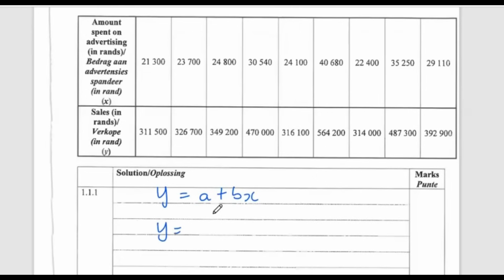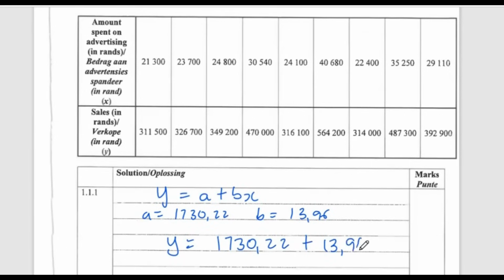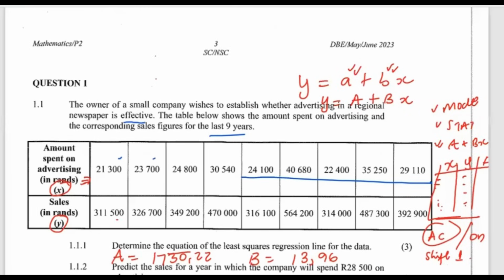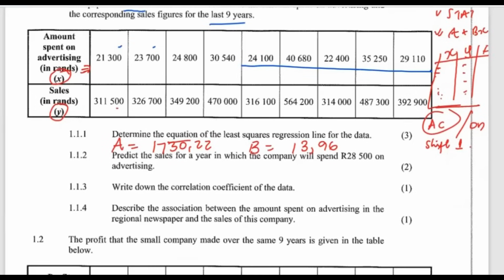And we got our A as 1730.22. We say B was 13.96. So my equation is going to be 1730.22 plus 13.96 with X. Okay, so that is the regression equation.